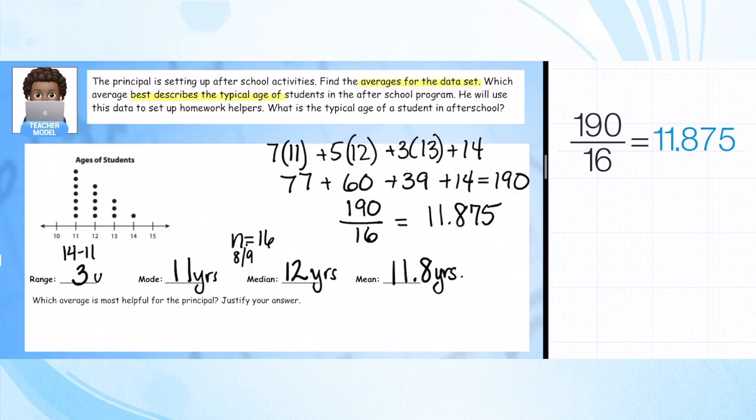So, using mode, median, and mean, which makes the most sense? All of them are actually very close together. Our mode and our mean are 11 going towards 12. That makes a lot of sense. I could actually use the mean, median, or mode to justify my answer. I'm going to use the mean in this case because at 11.8 years old it suggests they can be 11 close to 12 years old.